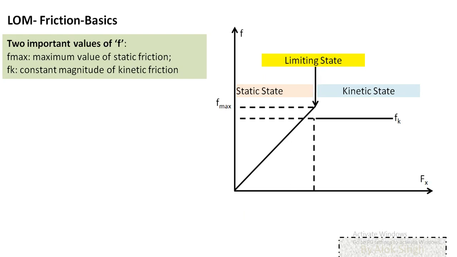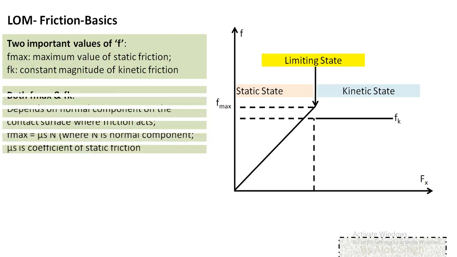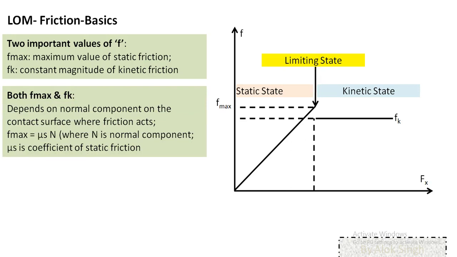So what we noticed in previous slides, there are two important magnitudes of frictional force. One is maximum frictional force, another is kinetic friction force. Fmax is the maximum value of the static friction, and Fk is the constant magnitude of kinetic friction. How do you find the values of these two friction forces? First of all, both Fmax and Fk depend on the normal component of the contact force where the friction acts.